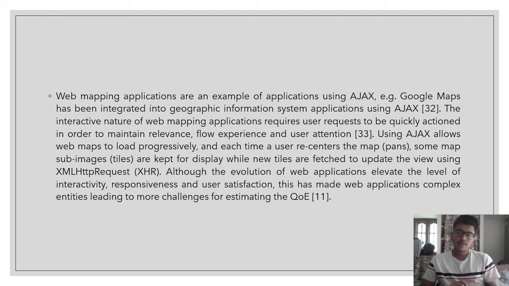Using Ajax allows web maps to load progressively each time a user re-enters the map. Some map images are kept for display while new tiles are fetched to update the view using an XMLHttpRequest.